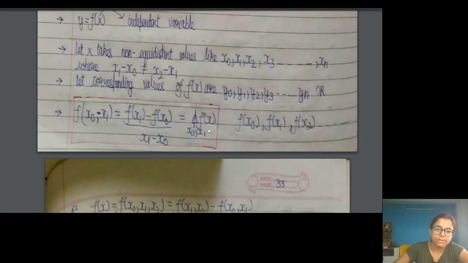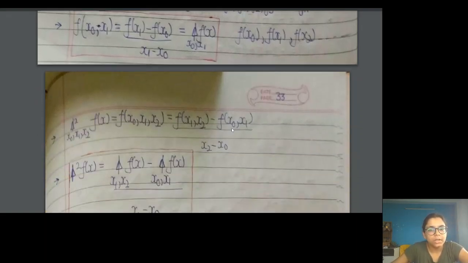This is the actual formula of divided difference: f[x0, x1] equals f(x1) minus f(x0) divided by x1 minus x0, which gives the symbol of divided difference.